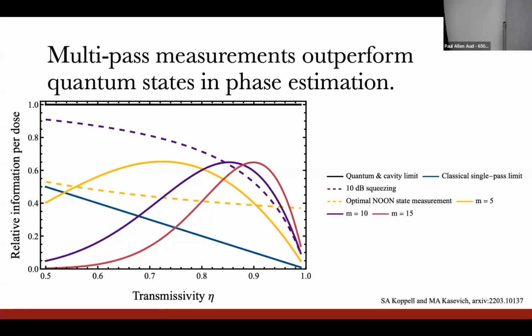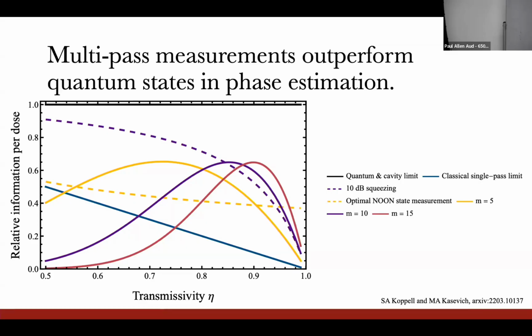For an optimal NOON state measurement, I pick a number n based on the expected loss. So I would guess that in the limit as the transmissivity goes to 1, even the optimal number of measurements can be outperformed with a squeezed state. So the NOON state performs worse than the quantum limit. And a cavity can optimize: if you just have a cavity with a single photon or a coherent state of light going in, that hits your optimal quantum plus cavity limit at the top.